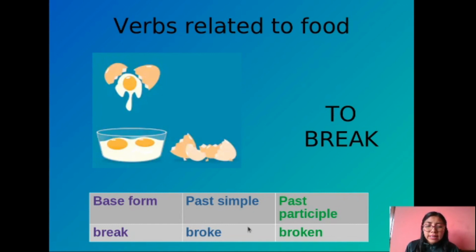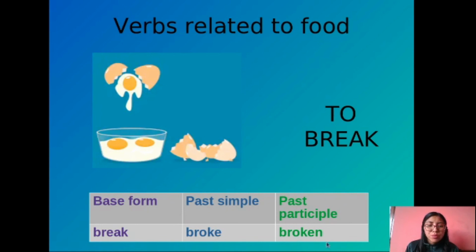Okay, as I said before, that is an irregular verb, so you have to study in order to know the different forms of the verb to break. Okay, for example, Anna breaks an egg. Okay, Anna broke an egg.